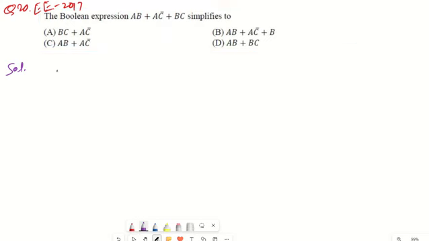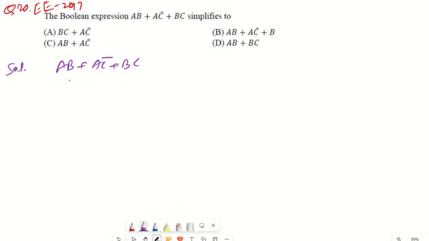Let us say AB plus AC bar plus BC, what would be the simplified form? By the consensus theorem I think you can directly write it down, but which one will be the redundant term?